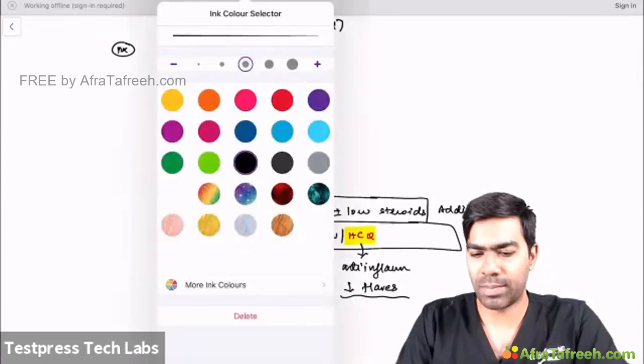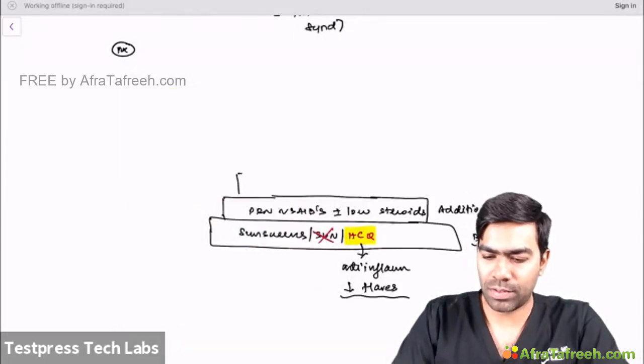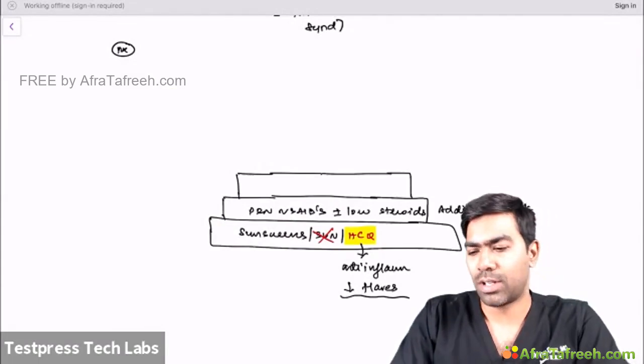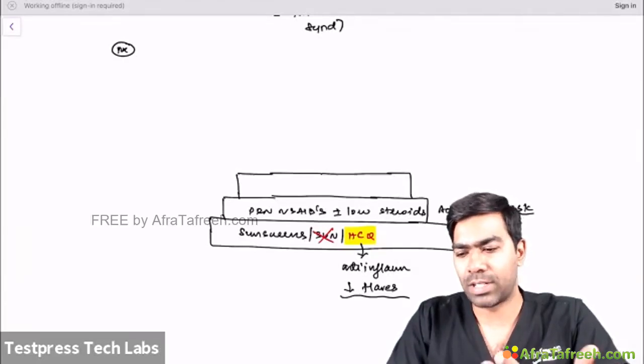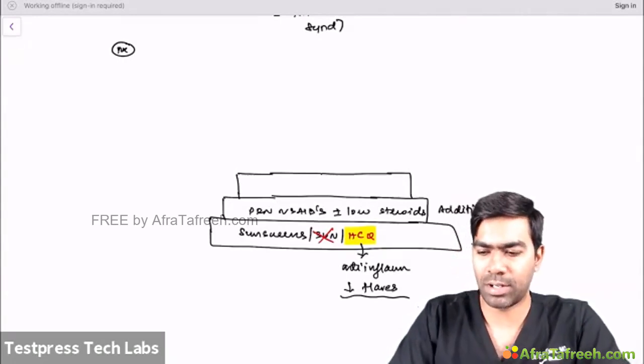So additionally, it might be needed. Suppose the musculoskeletal symptoms are not getting controlled with our routine treatment, and the patient still has severe musculoskeletal manifestation, which means severe arthralgia, severe myalgia, severe fatigue, not responding to the basic treatment.